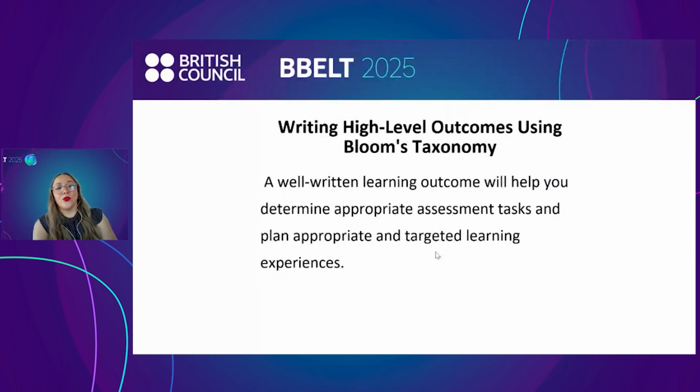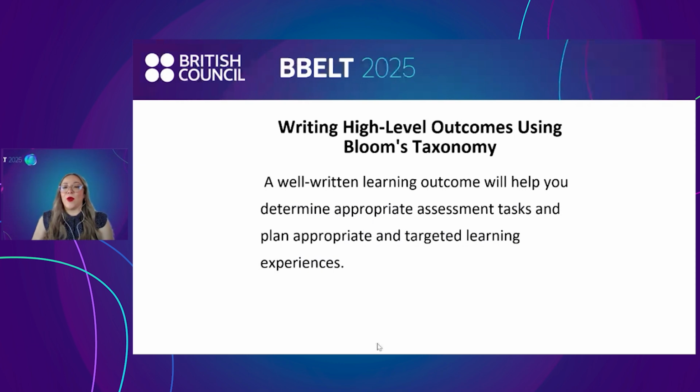It's important to remember that a well-written outcome will always help us determine what is appropriate in terms of tasks and evaluation, so that it's more targeted to the learning experience that we actually want to create for our students. It's important to choose the right verb for each objective, since it will guide everything forward in the lesson. As I said before, it's the backbone of the actual lesson plan.